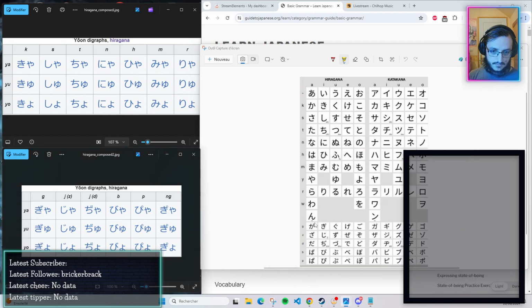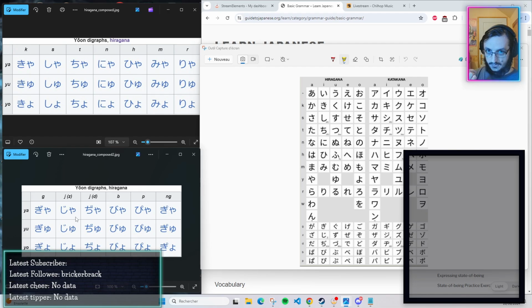Then you have the two J lines, which are in fact the Z line and the D line, which, as we saw last time, both make the J sound, but one is from the shi and one is from the chi. Both are J in the nasal way, and both can also be merged with ya, yu, yo. So you have ji, ya, which is ja.